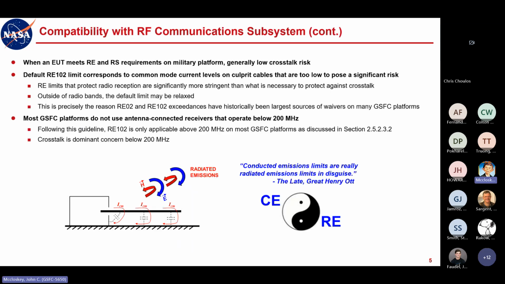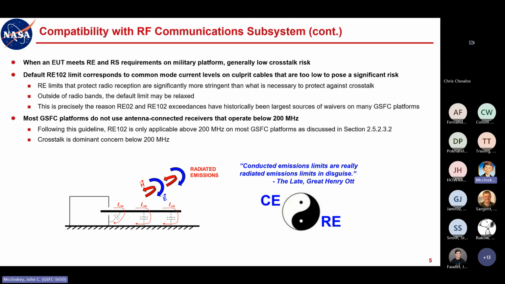And when you meet your radiated emissions and susceptibility requirements for electric field, that is RE102 and RS103 requirements on a military platform, there's generally very low risk of crosstalk, because the default RE102 limit corresponds to common mode currents that are much lower than anything that's likely to pose a crosstalk risk.